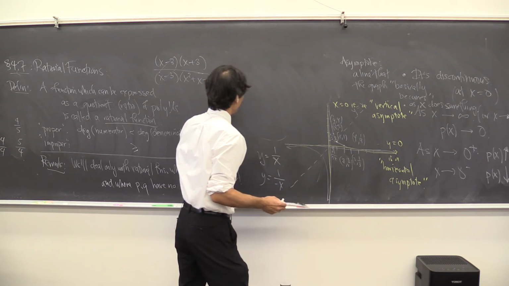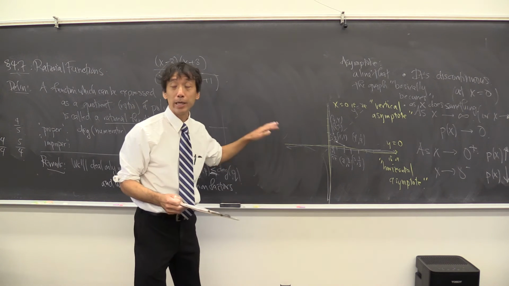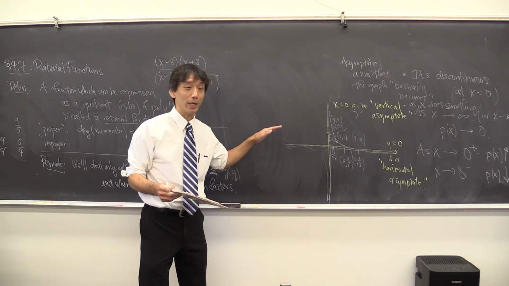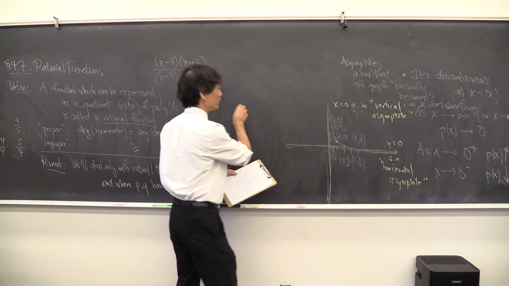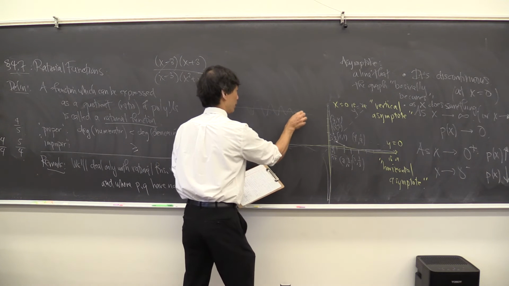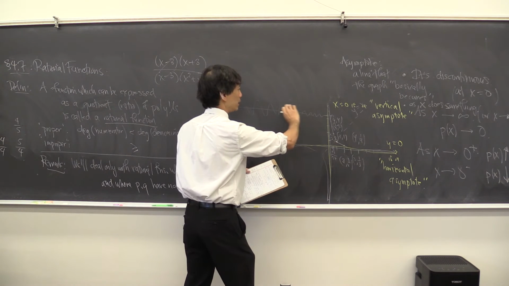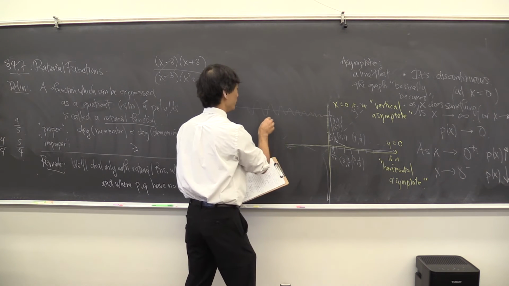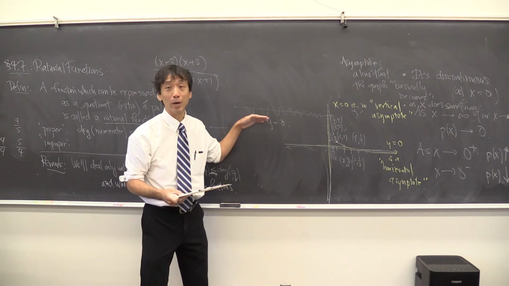Let me just say that often students say, oh, the function is not allowed to touch that line. Like you're not allowed to touch the asymptote. It's actually okay to touch the asymptote. So if you have a function that goes like this, and then as time goes on, that oscillation decreases, and you head off, this function's horizontal asymptote would be y equals 0.